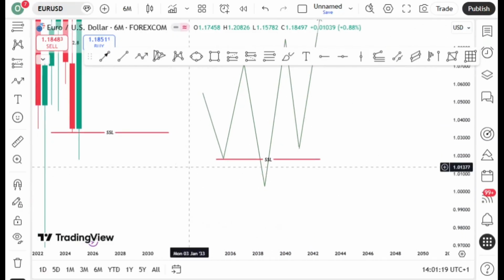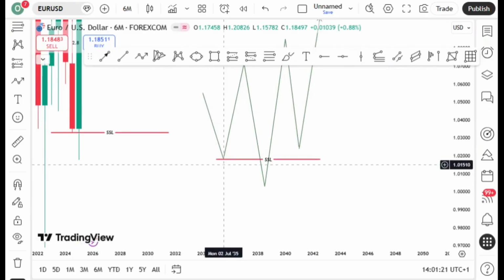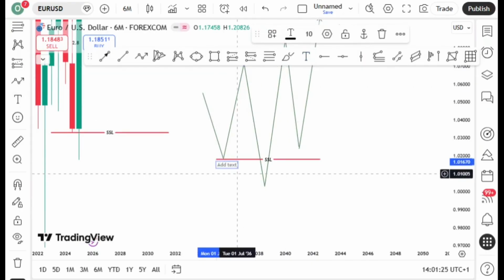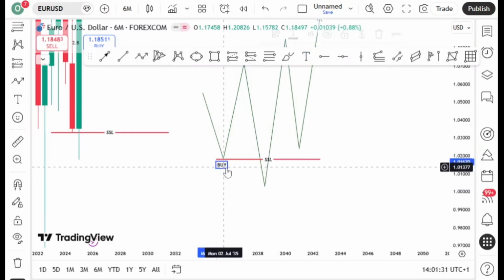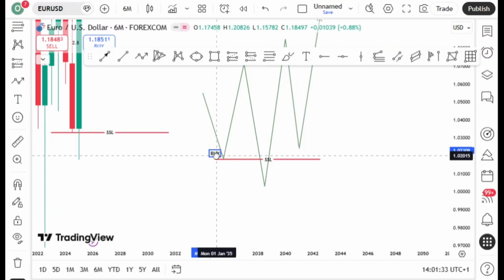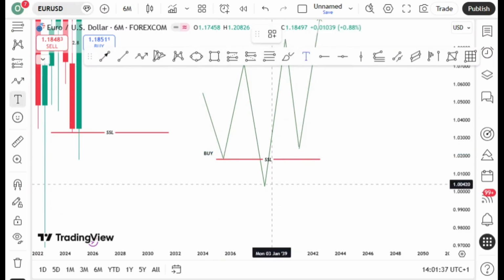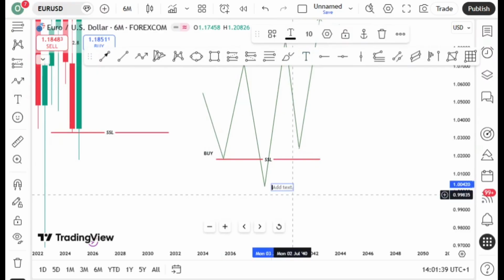There were individuals who started buying at this zone, this buy area, and what do we expect? We always expect the market to take them out by eating their stop losses.